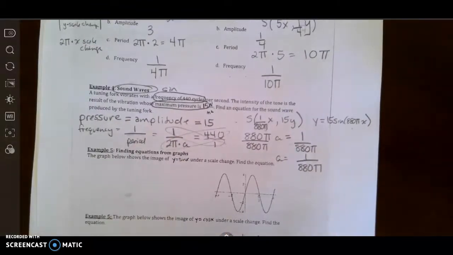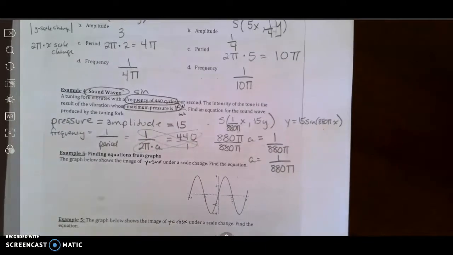All right, let's go to example 5. Find equations from the graph. It says below is the image of y equals the sine of x under a scale change. Find the equation. Well, we need to figure out what the scale change is.